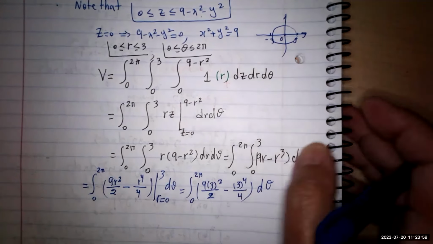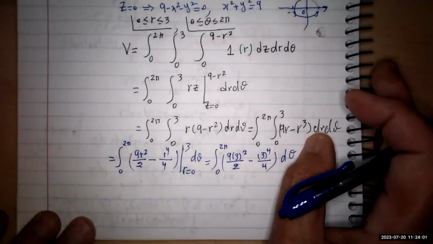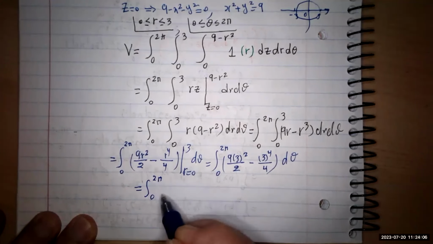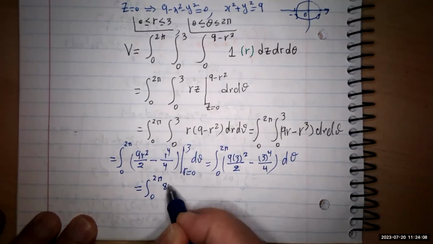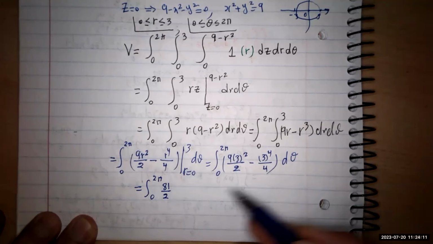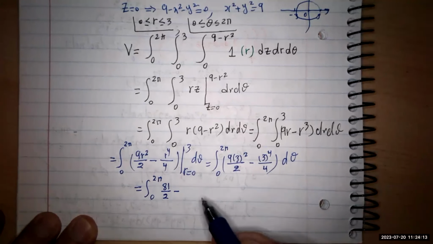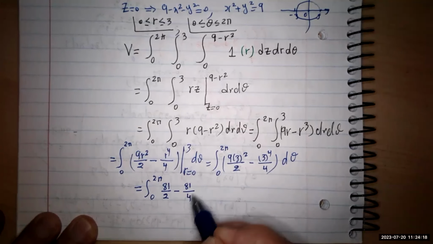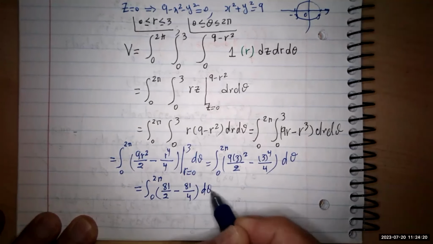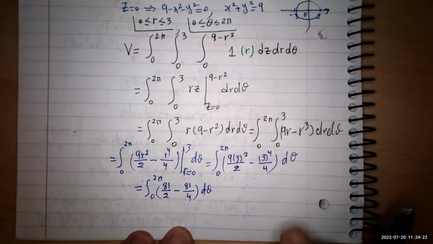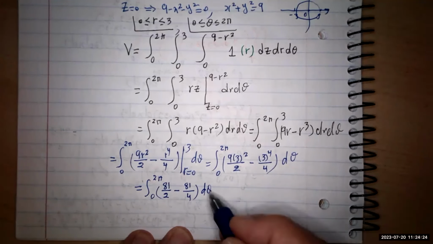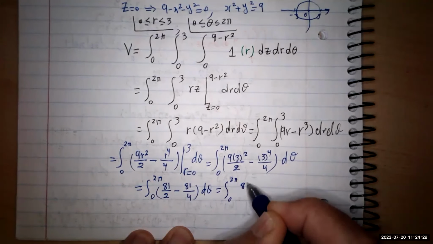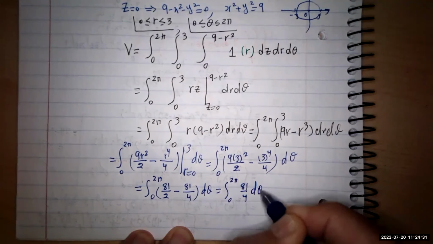Simplify these numbers. 3 squared would be 9. 9 times 9, 81. So from 0 to 2 pi, that gives 81 halves, minus 3 to the 4th, 81 again, 81 quarters. And you know, it's going to be 1/2 minus 1/4, which would be just a quarter again. So it's going to be 0 to 2 pi, 81 quarters d theta.